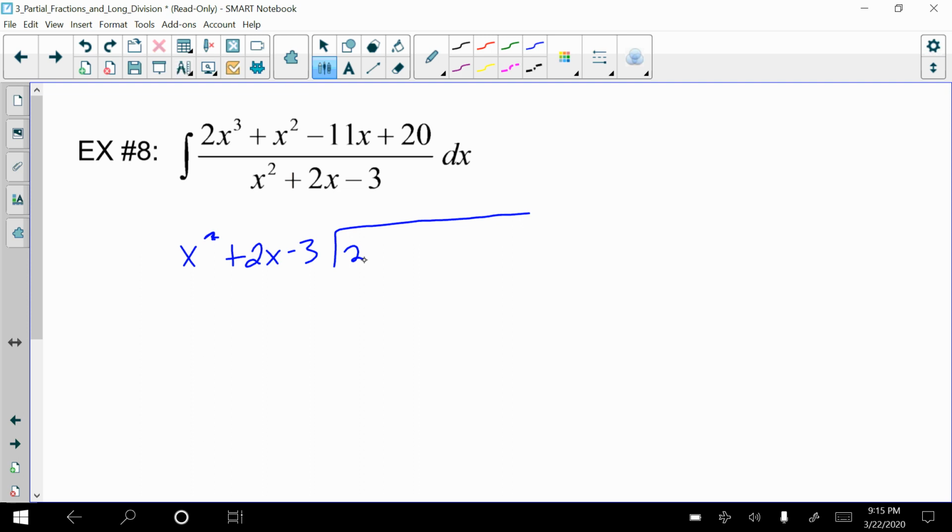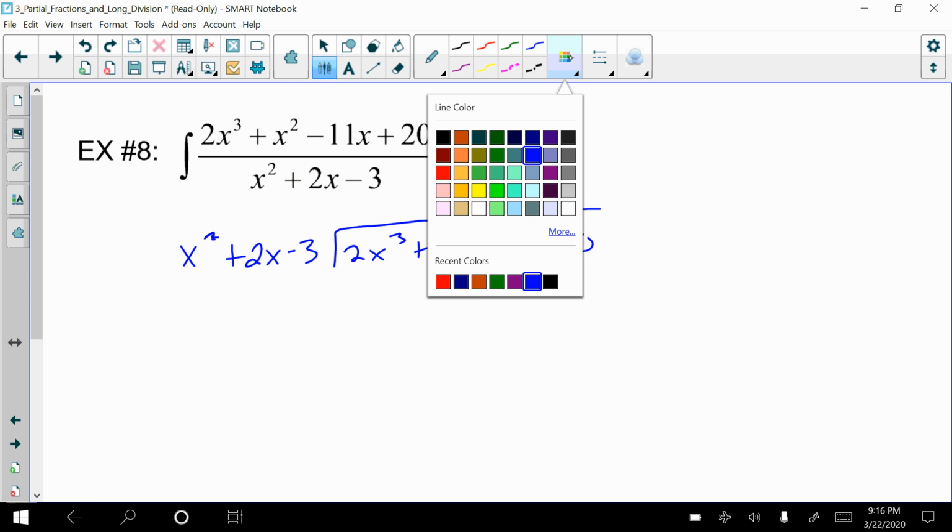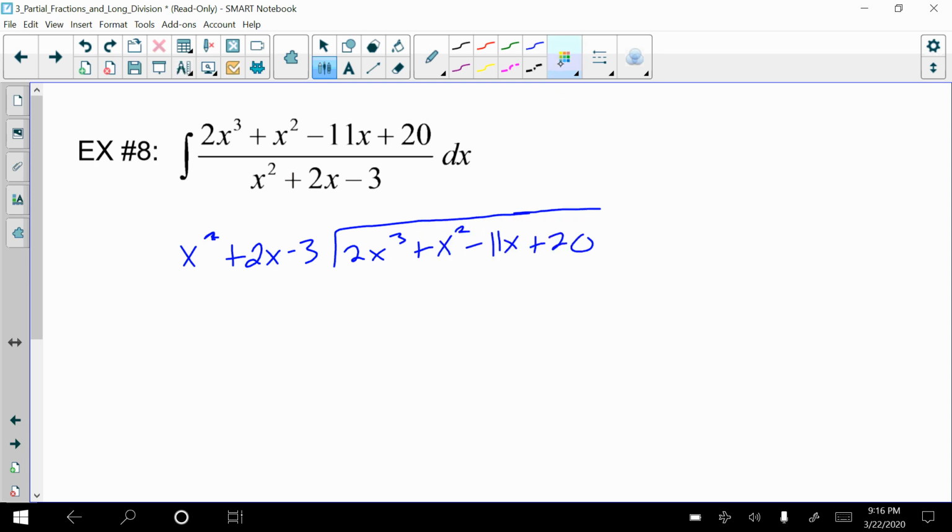So we have the 2x cubed plus 1x squared minus 11x plus 20. Okay. So the way that we do long division is we start by taking a look at the leading terms.